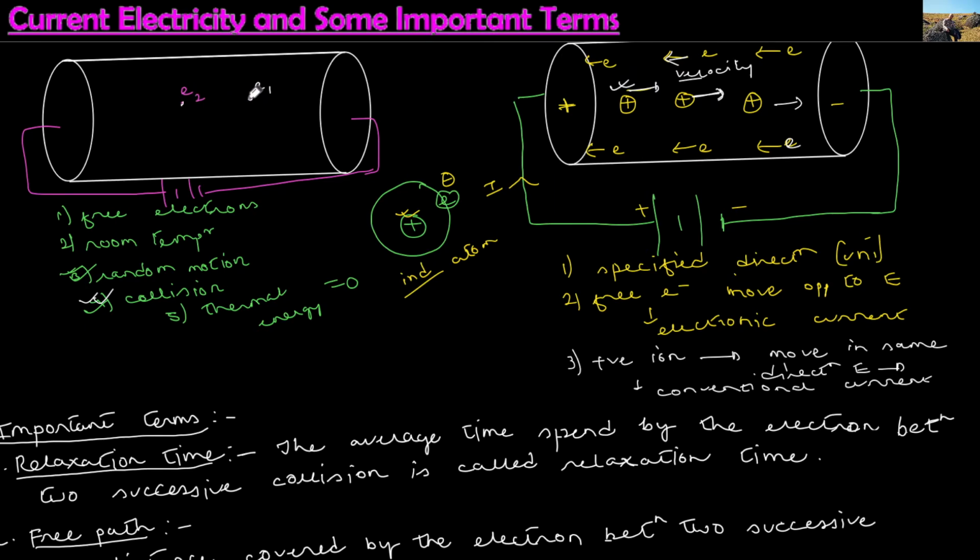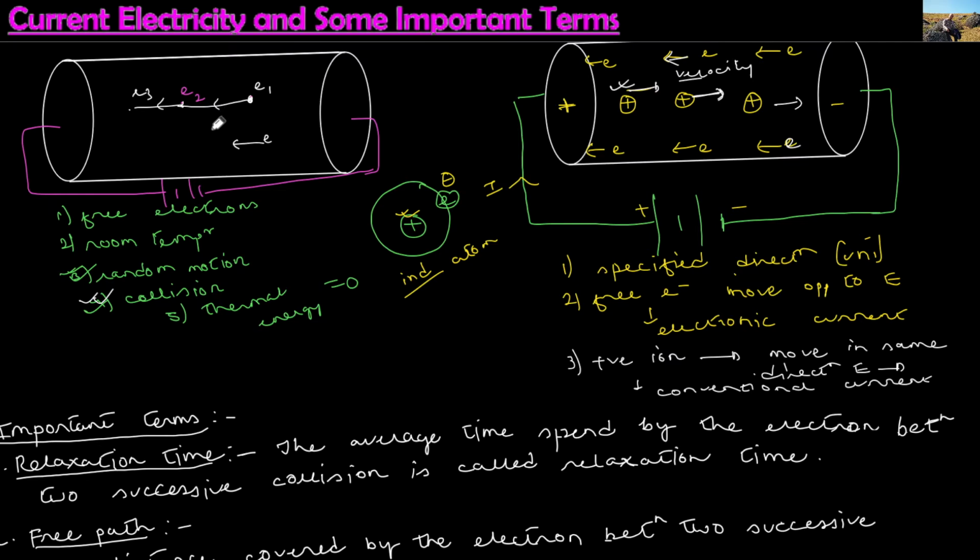Now, when this first electron moves in this direction, it is certain to hit this electron. Electron 1 will hit electron 2. And from here it is evident that this is the direction in which the electrons are moving. So this electron 2, upon the impact of 1, will hit another neighboring electron, number 3.